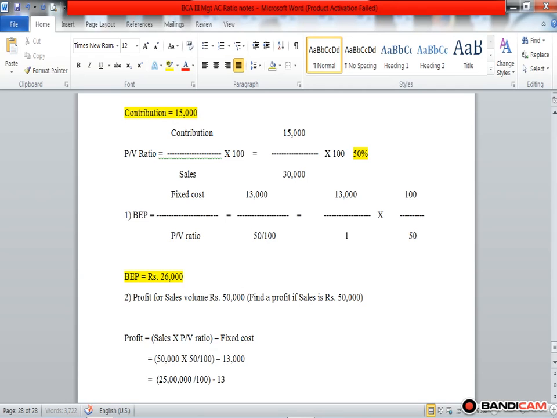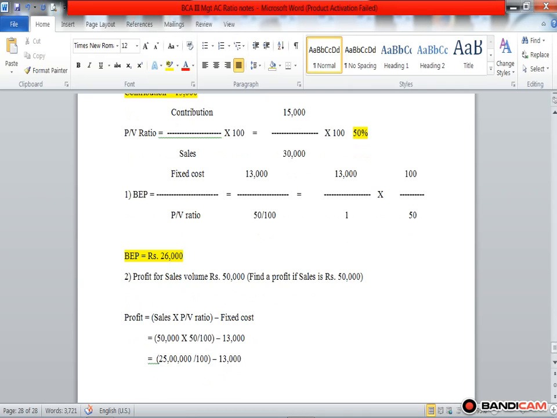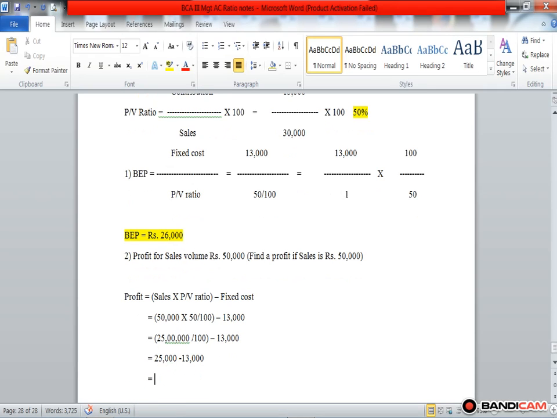Minus 13,000. So 25,000 minus 13,000. We get the profit if sales is rupees 50,000, and that amounts to 25,000 minus 13,000 equals 12,000.